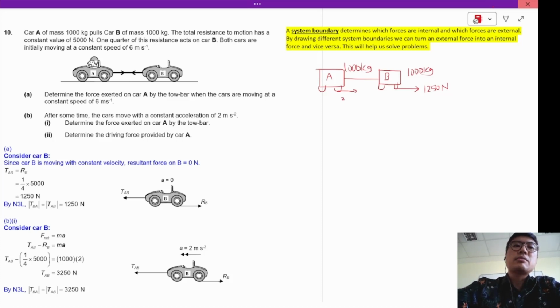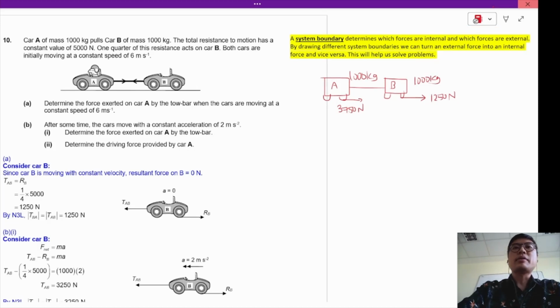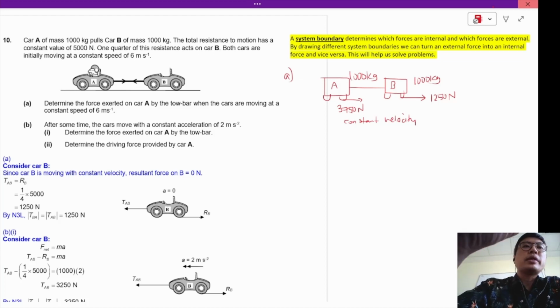And then the other resistance force is 3750 newtons on car A. Now for part A, the objects are moving at constant velocity. We need to figure out what is the force exerted on car A by the tow bar.